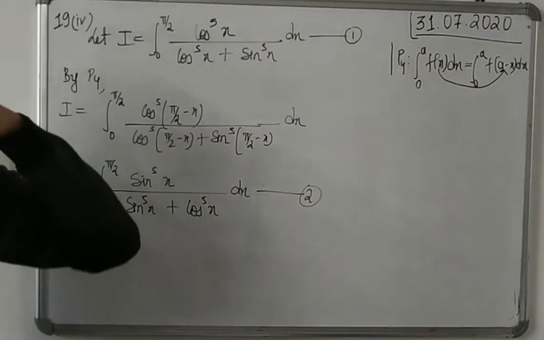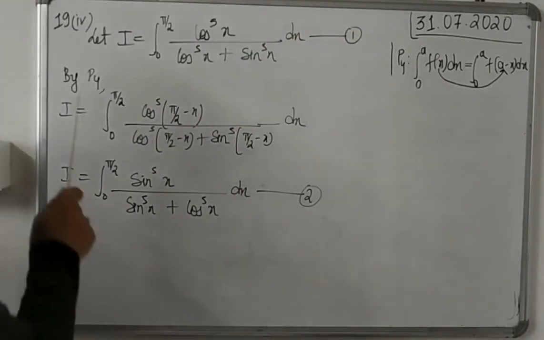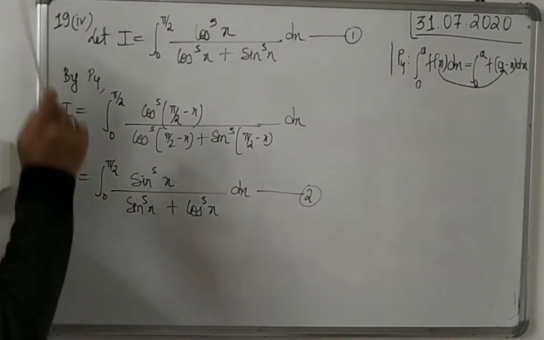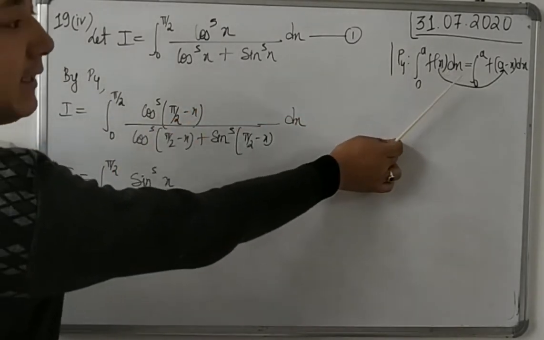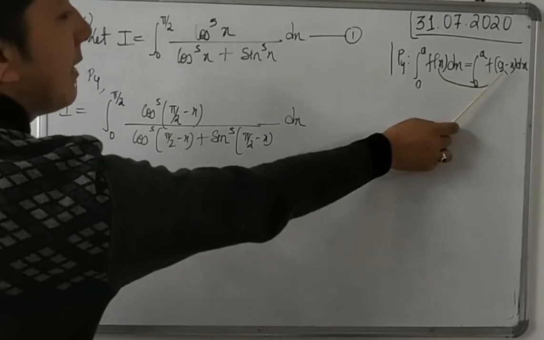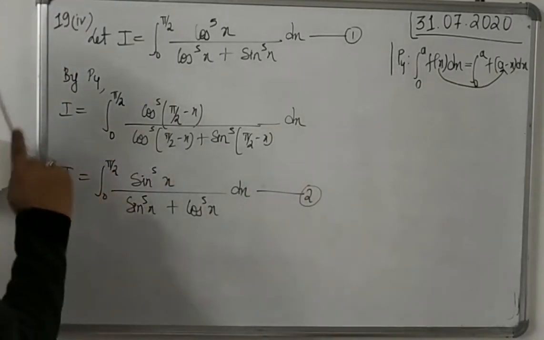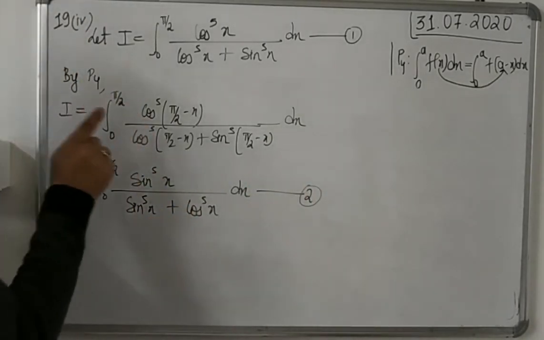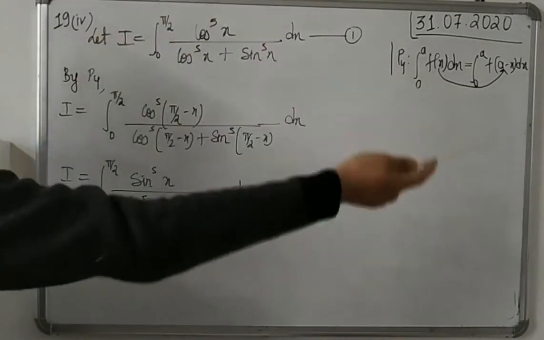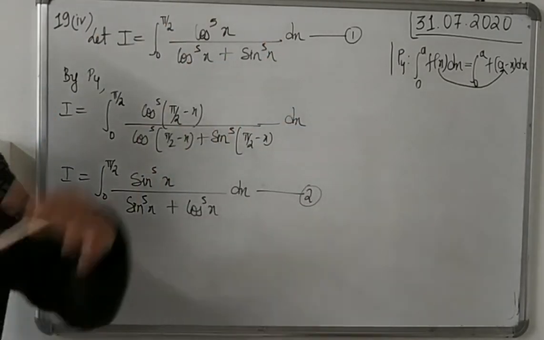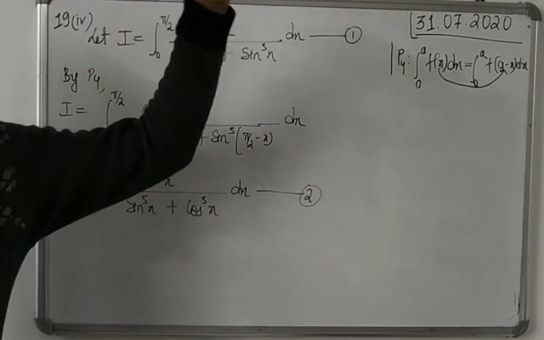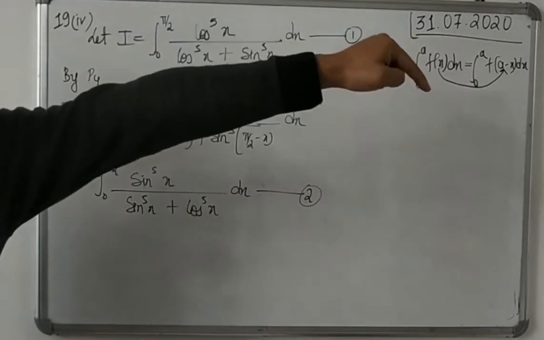The second step is to use the property. By property 4, wherever it is x, it changes from x to upper limit minus x. By the way, what is the upper limit? Pi by 2. What is the lower limit? 0. So the property tells us wherever it is x, it changes from x to upper limit minus x.